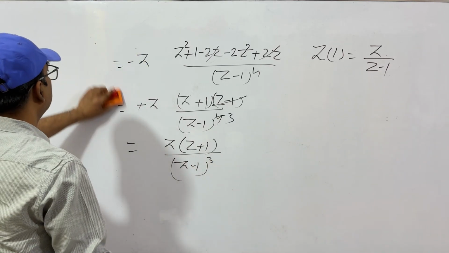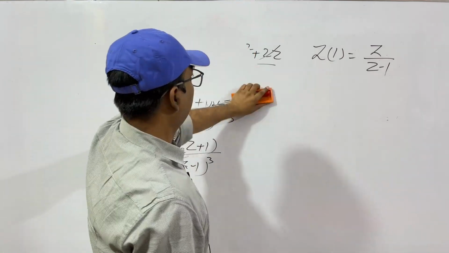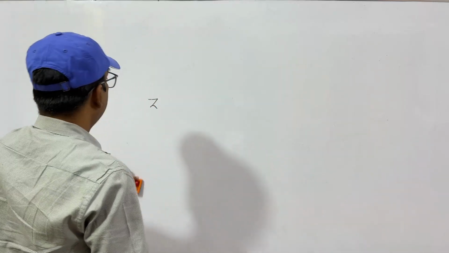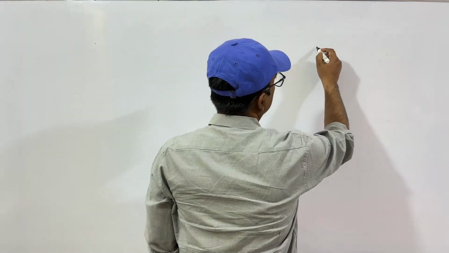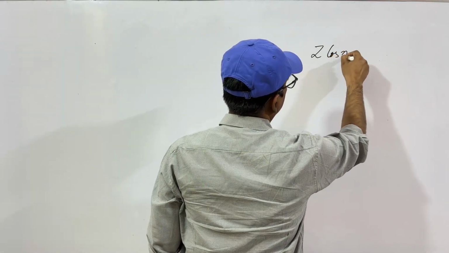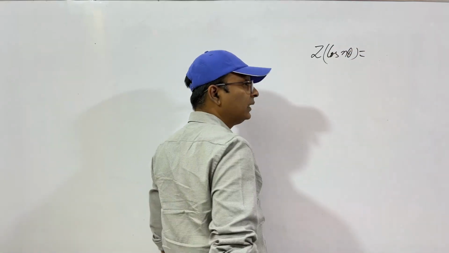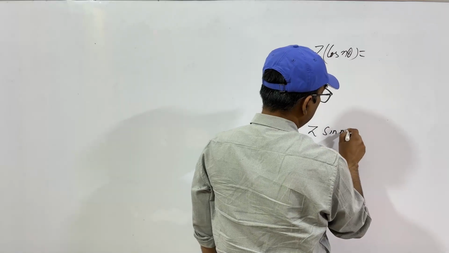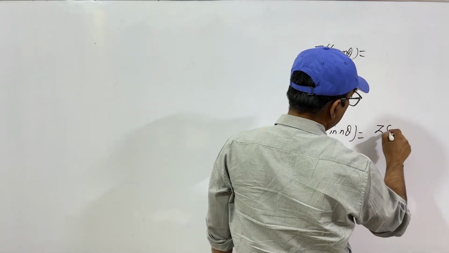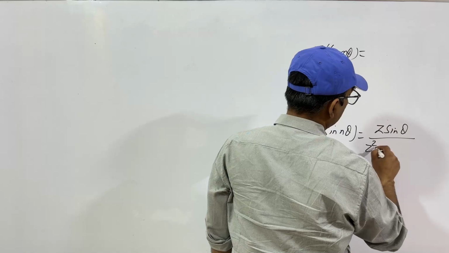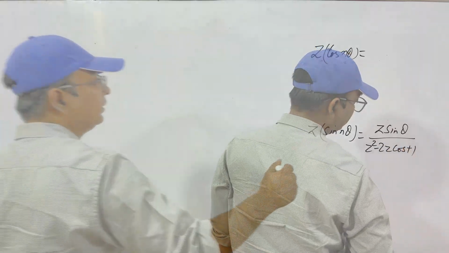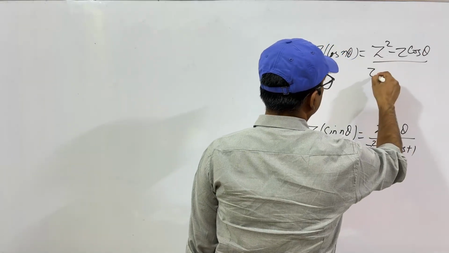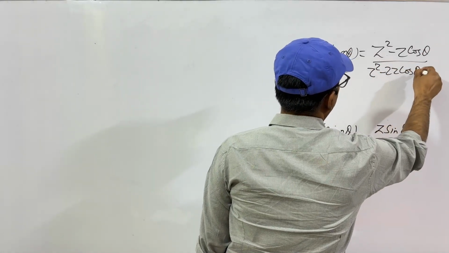So this way we are able to find different results. Clear? Now let's see a complicated one. We had seen that if we take e to the power minus i n theta, using that we were able to find the value of z of cos n theta and z of sin n theta. If you remember, this was z sin theta by z square minus 2z cos theta plus 1, and this was z square minus z cos theta by the same denominator.